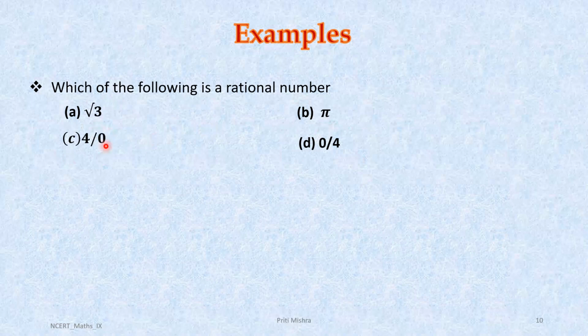And 4 by 0, as here we are having 0 in the denominator, this is not a defined number. And the fourth option we are having 0 by 4, which is 0. So this is a rational number because I have explained to you 0 is a rational number, as 0 can be written as 0 by 1, 0 by 2 and so on. So our answer is part D.